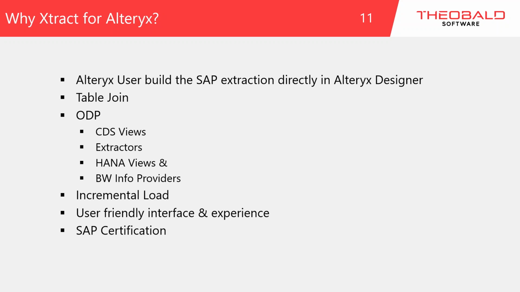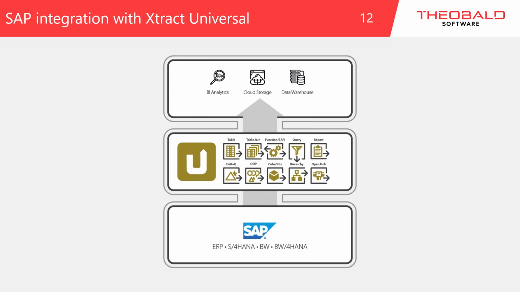So that was so far about the first approach with Xtract for Alteryx, and now we will see the second approach with Xtract Universal. Xtract Universal is a standalone extractor, as we see here in the middle. As the source system, we still have the SAP system as we have described, all SAP NetWeaver-based systems, beginning with ERP and S/4HANA until BW and BW/4HANA, all modules are supported.